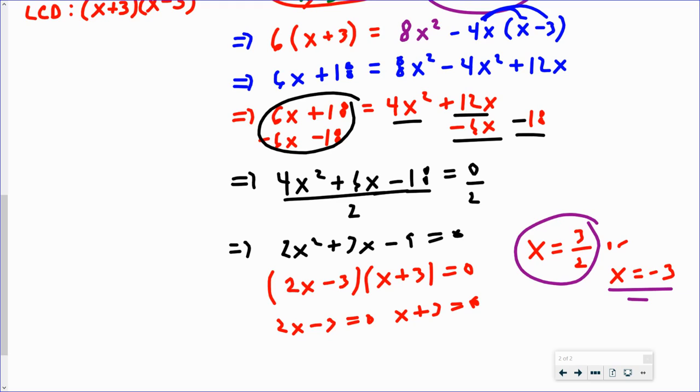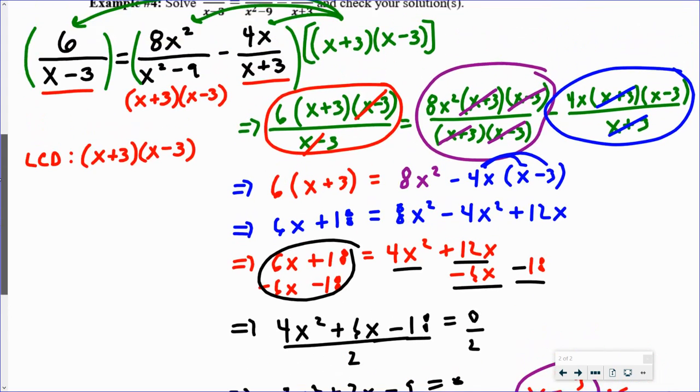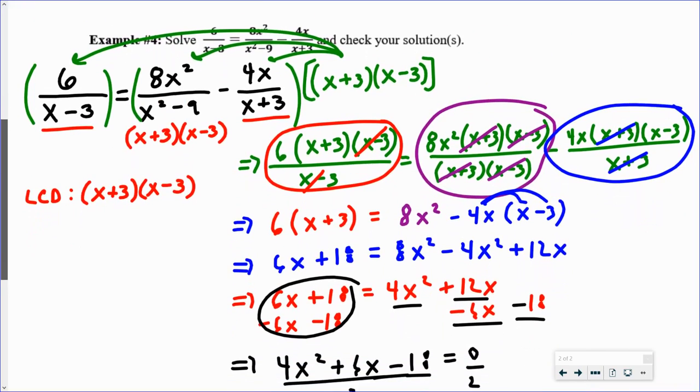So if you remember back when we were solving radical equations, we talked about this idea of extraneous solutions. In this case, x equals negative 3 is an extraneous solution. And let me show you why that's the case. So we go back up to the original equation. And we're going to do 6 over, this is a 6. I don't know why my computer won't allow me to write that. But negative, I'm sorry, was it a 3 or a negative 3? Negative 3.